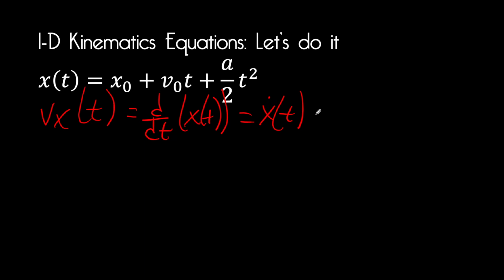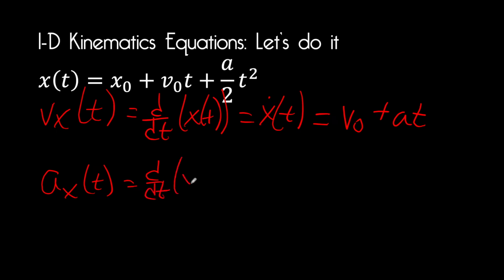At any rate, that derivative, we drop the constant, we drop the one factor of t off of v naught, and then we bring down that exponent, a over 2 times 2, gives us a times t. So we're back where we expected with vx. And likewise, if we want to get the acceleration out, we do one more derivative. So we go ax of t, and we would say this is d dt of vx of t.